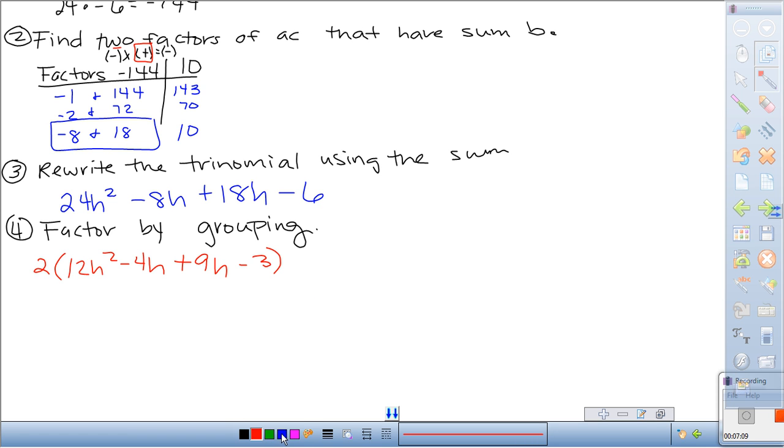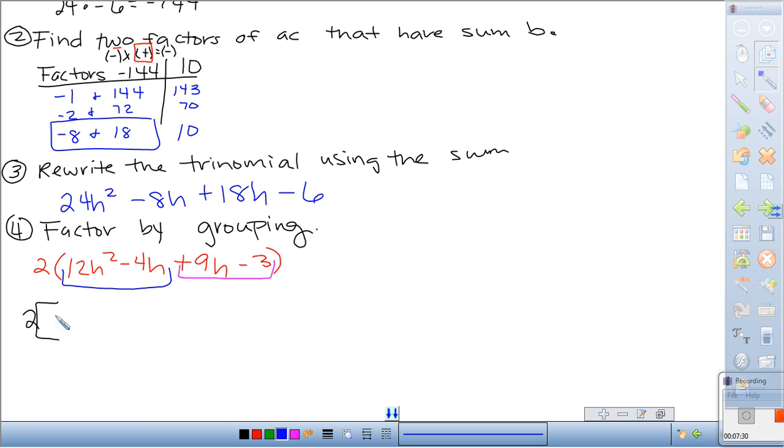Now that we've pulled out that GCF, we'll find the GCF of our two different groups. So there's one of my groups and my other group. Again, we need to keep that 2, bring that 2 down. Don't forget about it. It's really important. And then let's find the GCF of our first group, 12h squared and 4h.